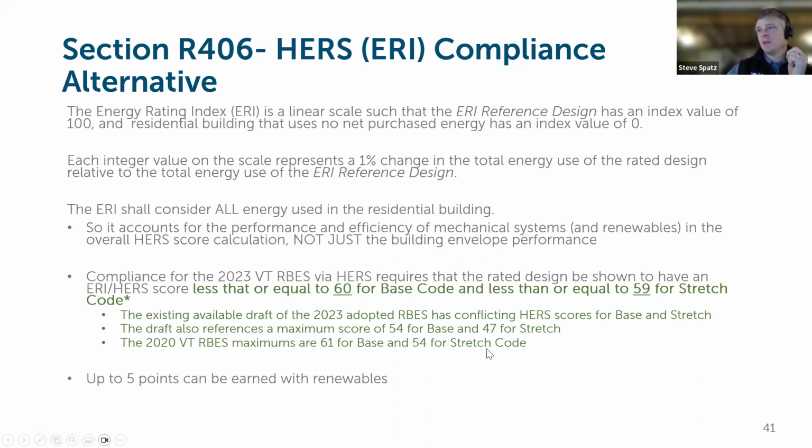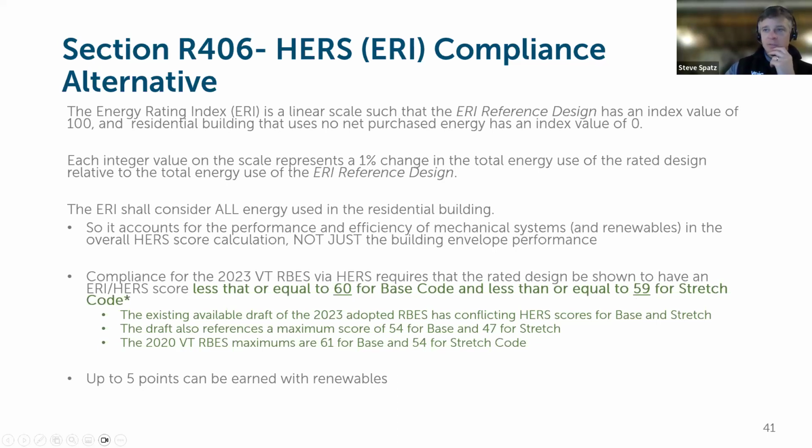And yes, that means that for the 2024 RBES, the maximum HERS score for stretch code is higher, meaning it's less performing than what the code is calling for right now for stretch code. So it's kind of a shift. We don't have the time to get into how that came to be, but this is what we're going off of: 60 for base and 59 for stretch code.